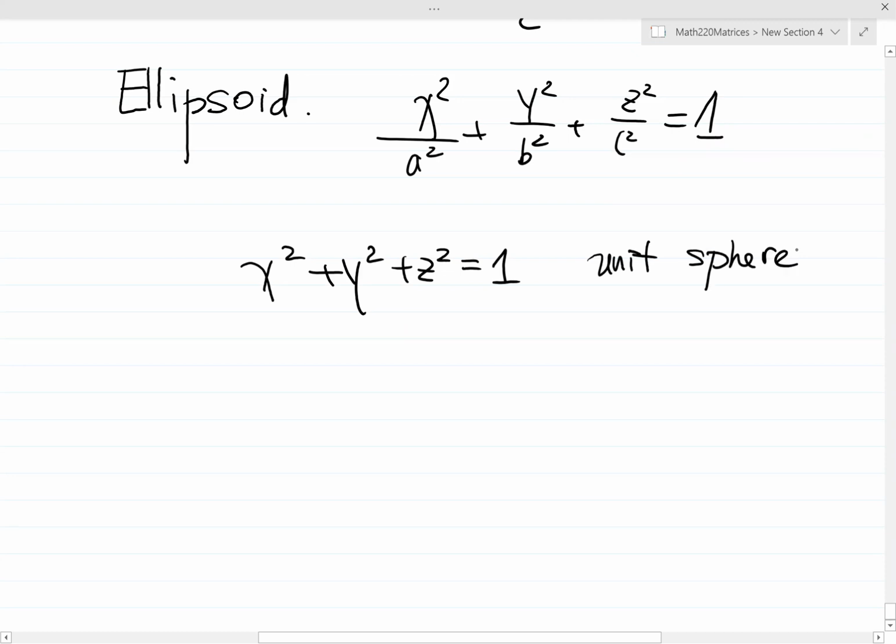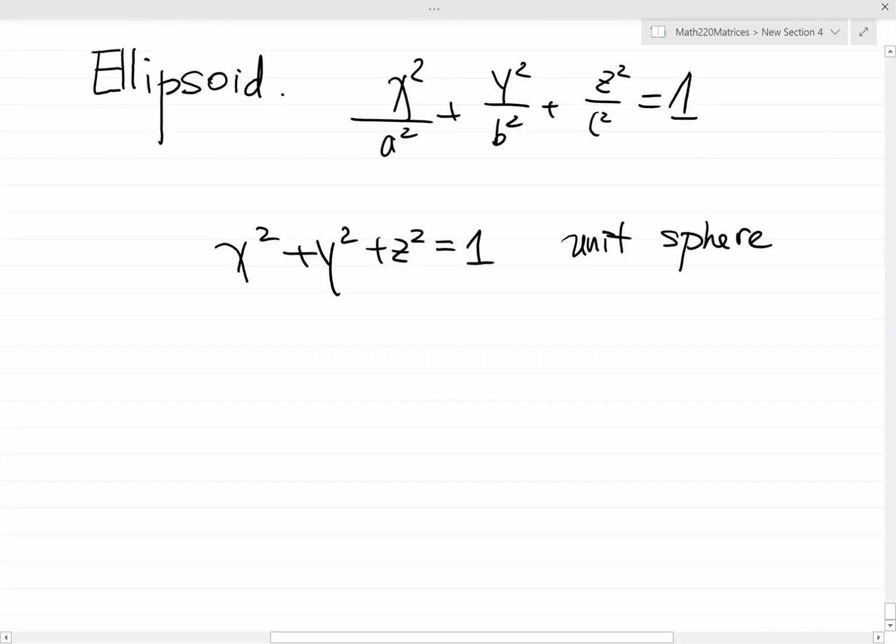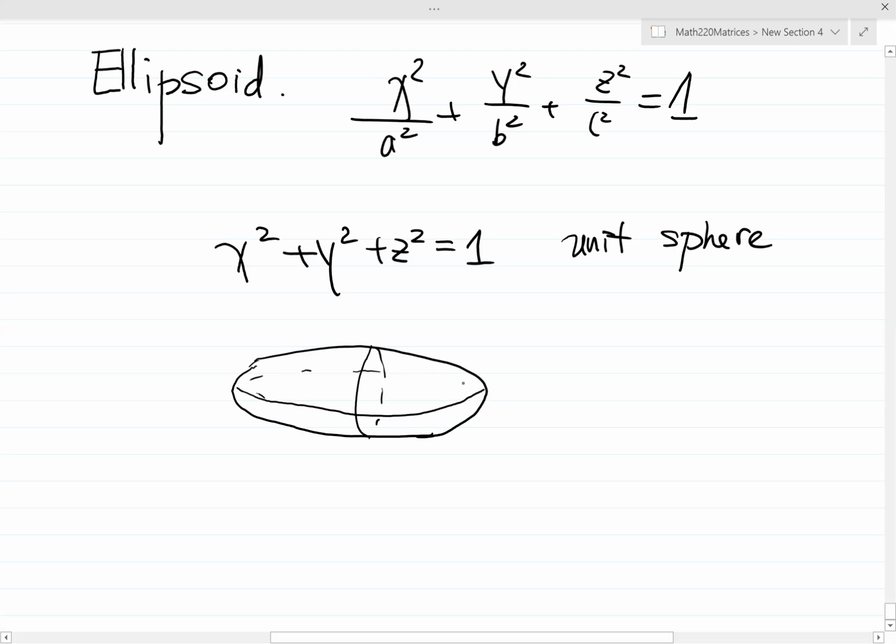Okay, unit sphere. And then if you divide by a, divide by b, divide by c, in some sense we actually rescale each x, y, z component. Then if we plot it, it will look like a football. So this is the x direction, this is the y direction, and this is the z direction.